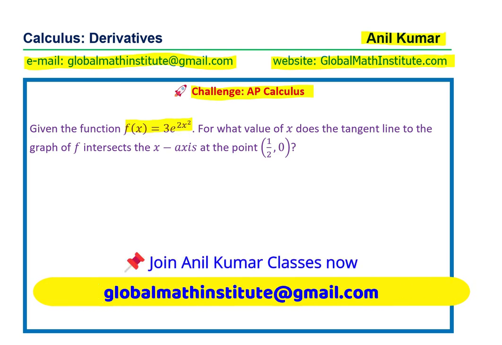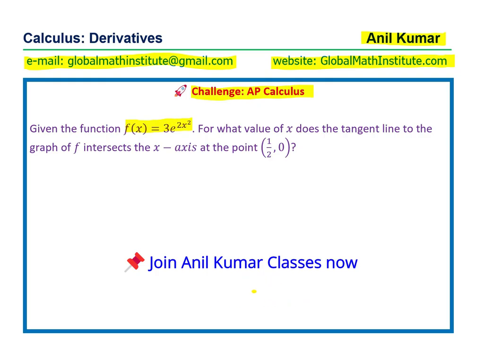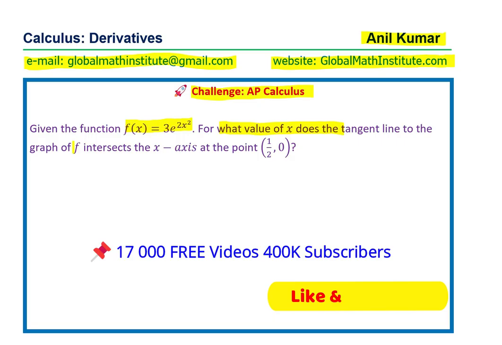So you're not finding the equation of the tangent line at a given point. You are finding for what value of x the tangent to the graph of f intersects the x-axis at (1/2, 0). So that's the question. How do we solve such a problem?